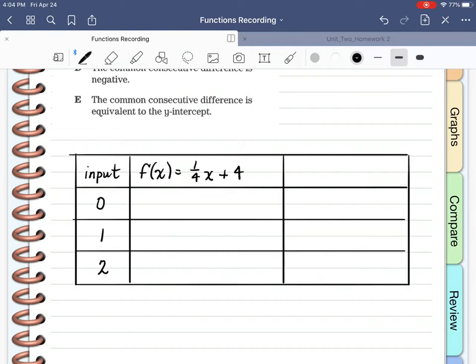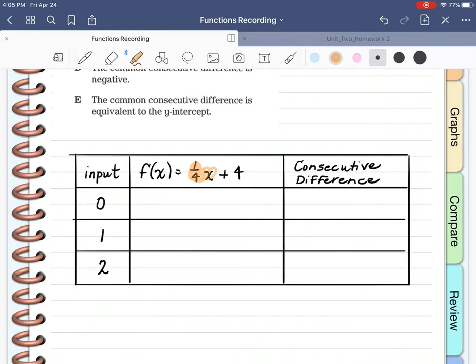So that's the function that we're going to have to evaluate. And because this is linear, we want to know the first consecutive difference. So I'm going to say consecutive difference, and we're looking at the first column, so it's the first one.